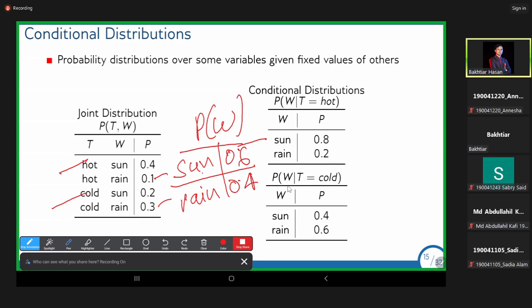Okay. So we can look at this and say that before we had any evidence, that is the marginal distribution, if someone asked us what is the chance that we will see the sun in the sky today, we would have said there's a 60% chance, right? But if that person tells us that the weather is hot now, the temperature is hot, and then asks, since the temperature is hot, what is the probability that if I look at the sky, I will see the sun?